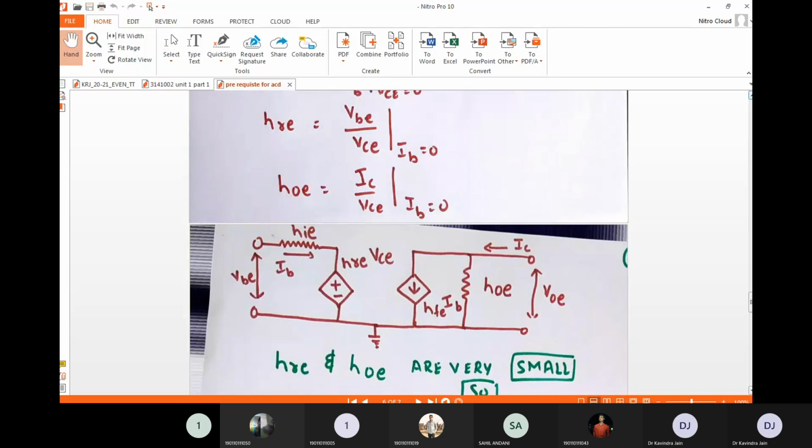So students, based on HIE, HRE, HFE and HOE, this is the H parameter AC equivalent model for CE amplifier. All of you are requested to kindly draw the model.